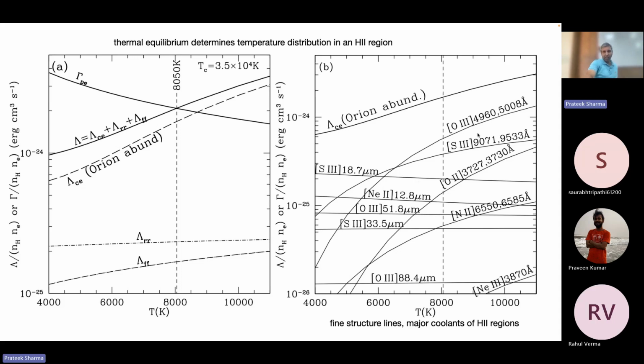So you can actually see a major coolant of H2 regions is actually this O3 forbidden line at 4960 angstrom. And all these other sulfur 3 lines and whatnot. So these are the forbidden fine structure metal lines, which are the major coolants of H2 regions.